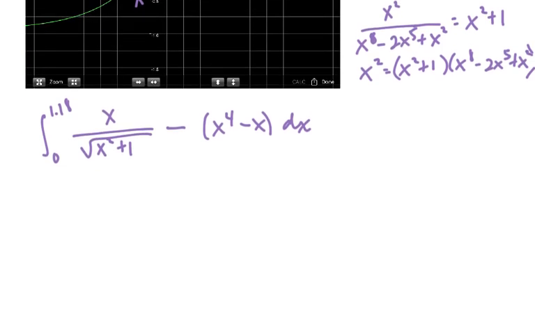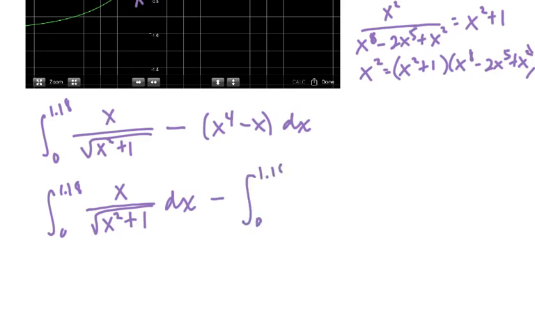Now, here's your problem. The first term needs u-sub. So let's split the integral, because you can't do u-sub in part of the problem and not in the rest. So we're going to say the integral of x over the square root of x squared plus 1 with respect to x, minus the integral from 0 to 1.18 of x to the fourth minus x dx.